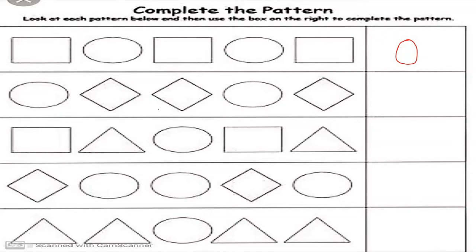Next, circle, square. Oh, have you seen the two same shapes present here? And this is the circle and here one diamond only. So which shape will come next? What do you think? Should I draw the circle or should I draw the same shape as this shape?